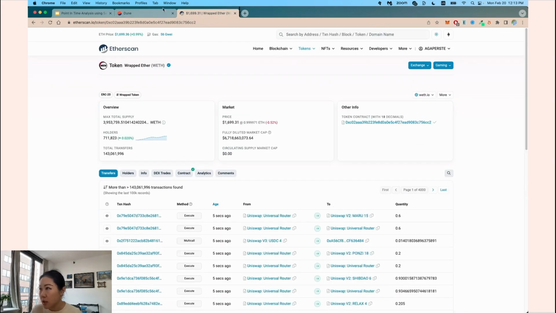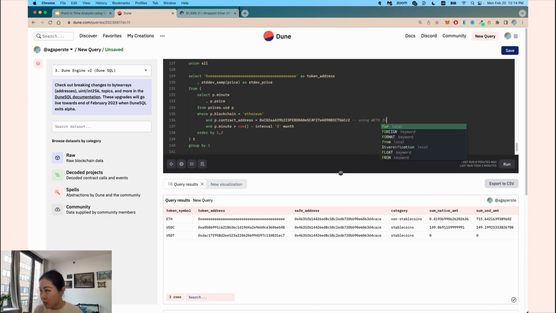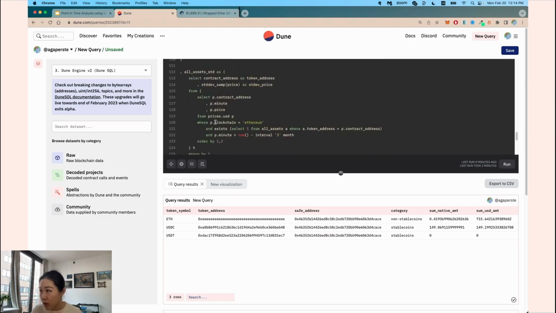We need to get the address, which is here, and then we need to get the token address to be this filter address. First, we need to say this as our token address, and then here already filtering for wrapped ETH for ETH. So let's change this to be T2 and then group by 1. This should be our all assets standard deviation.